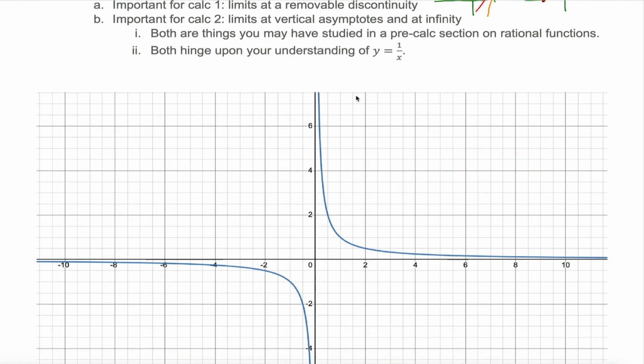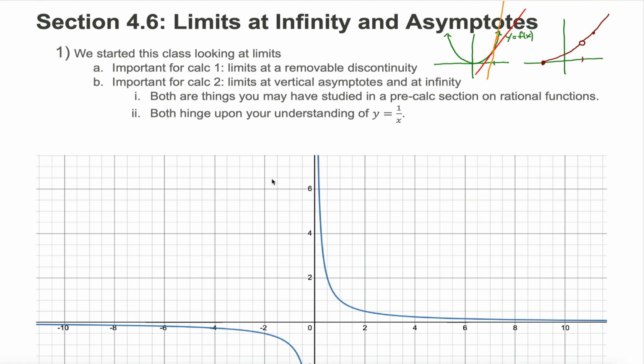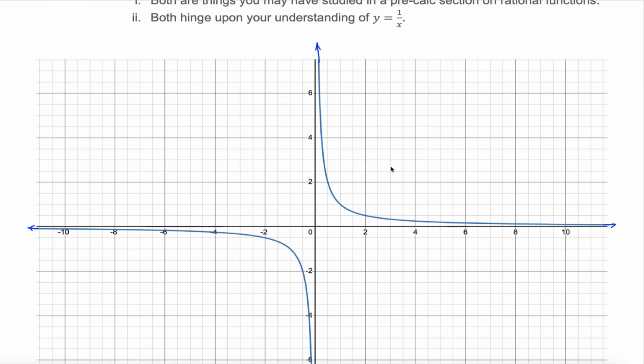And really they all kind of hinge upon your understanding of the graph of y equals 1 over x. There's a few more kind of axiomatic facts that I want to go over in this video, but the main one is just understanding this y equals 1 over x, because that will be integral to everything that we do with limits in 4.6. So let's start by looking at the graph of y equals 1 over x.